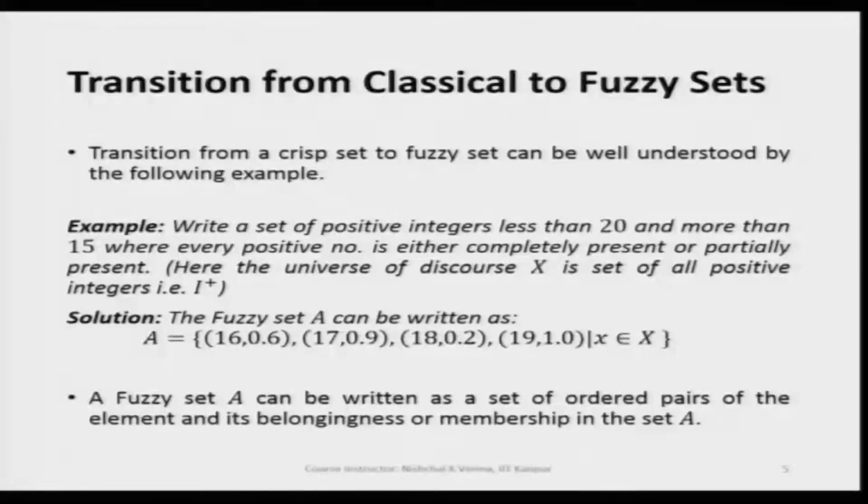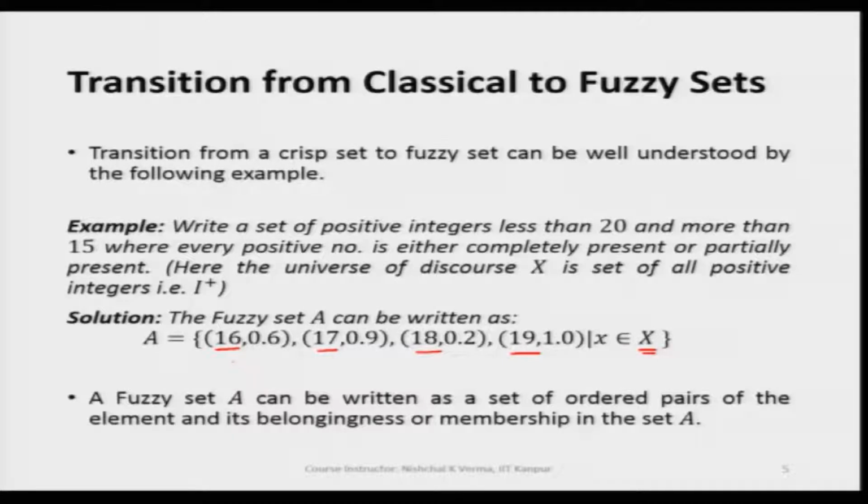like in the classical set that we had just before, we had 16, 17, 18 and 19, each 100% present, and of course, all these elements were drawn from the universe of discourse. So, here also we will have a universe of discourse, say X, and the elements must be from it.